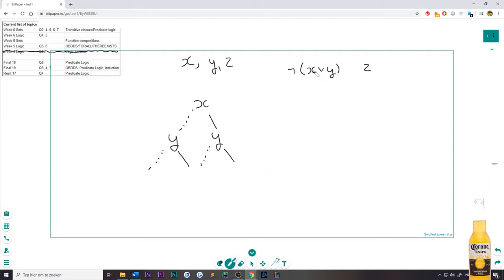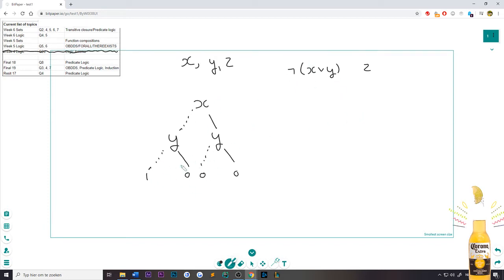So we know that if we have x or y, then that's going to be true, and then it's going to be negated. So if we have an x, then we already have a 0 here, a 0 here. And if we have a y, then we also have a 0 here, but we have a 1 here. So that's the OBDD for this formula, right?